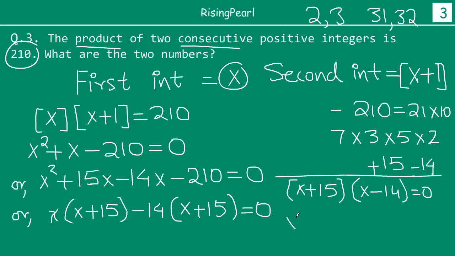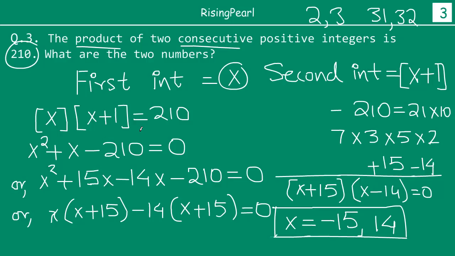So from here we get x is equal to minus 15 and 14. So both of them are the two roots for our quadratic equation x squared plus x minus 210 equals 0.